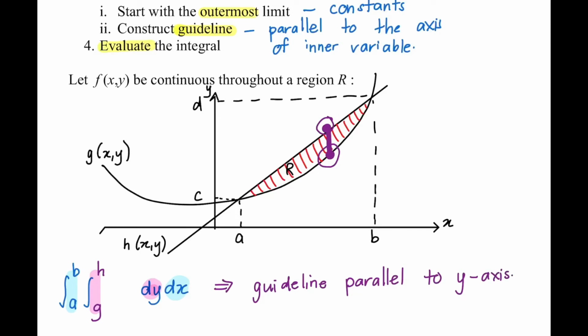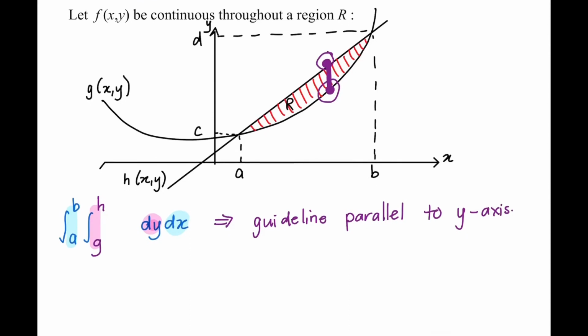Now next step, of course, we will evaluate. Now let's say we are doing it the other way around, dx dy. So now our outer limit will be y. Looking at the figure here, on the y-axis, the region starts from c going up until d.